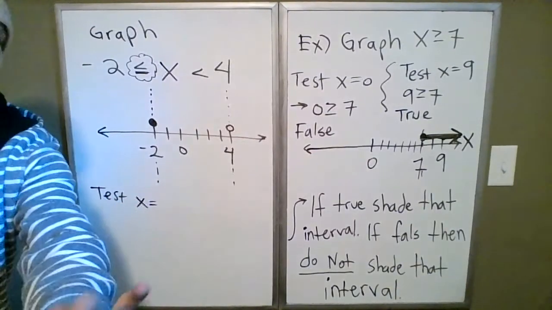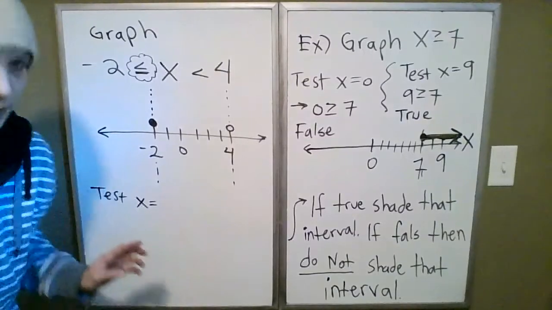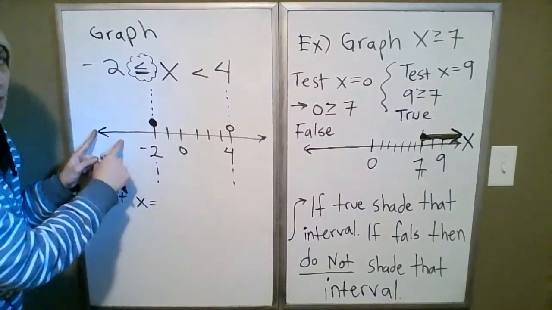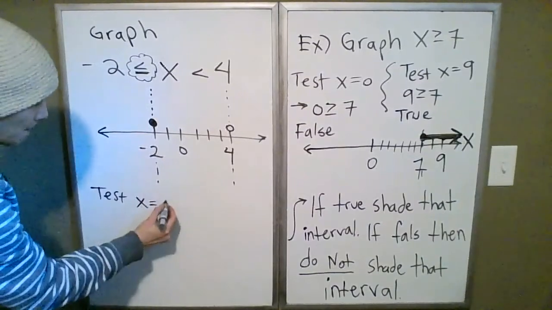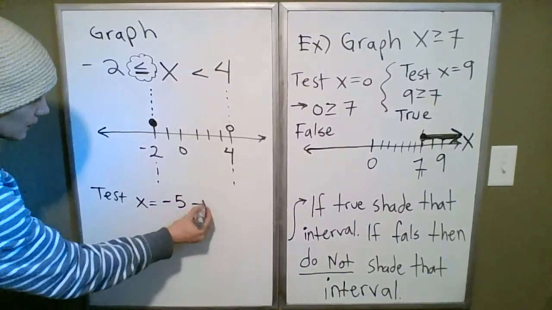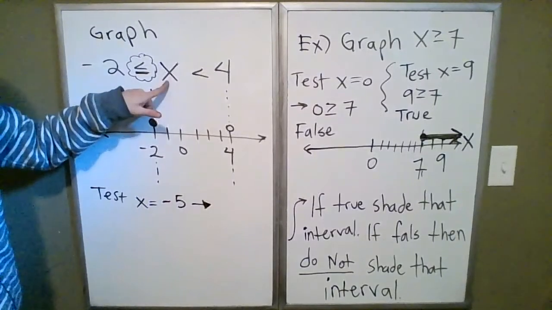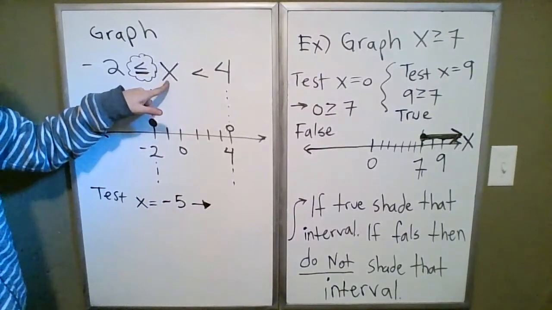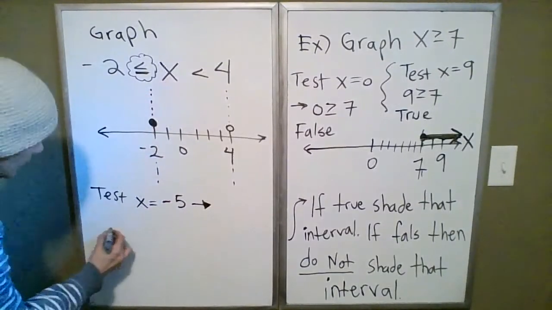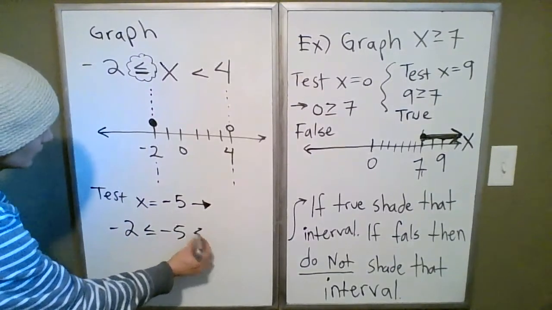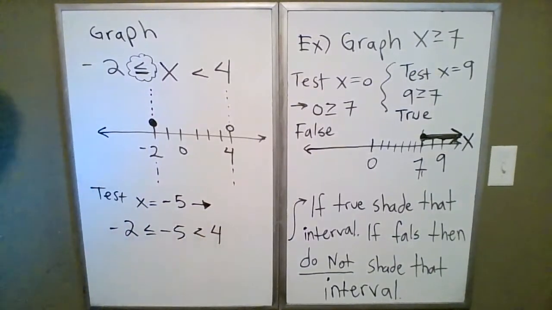Okay, so I'm going to go through testing each section. I'm going to pick a number less than -2, like -5, and then put this in for x. It's -2 less than or equal to -5. Is that less than 4?